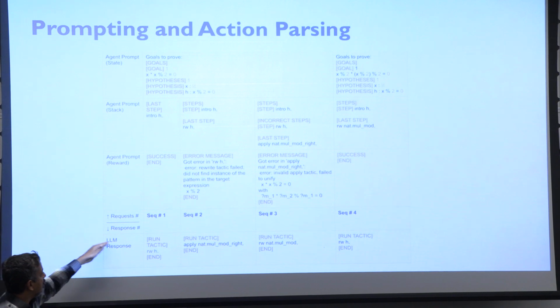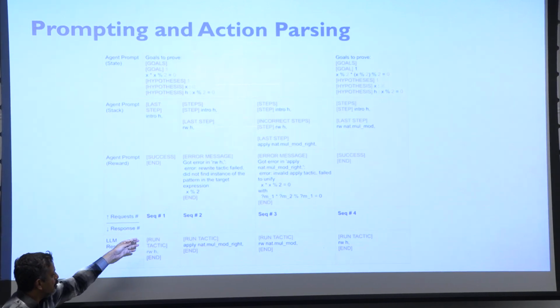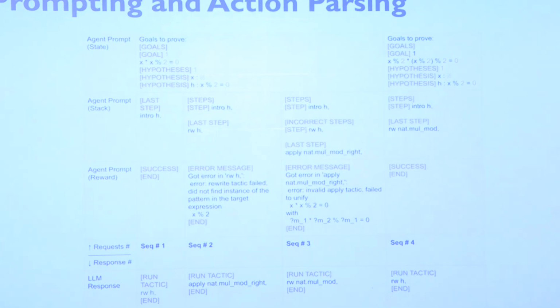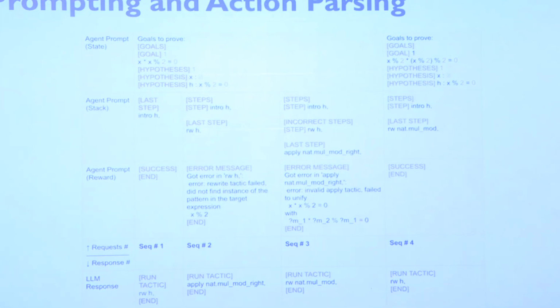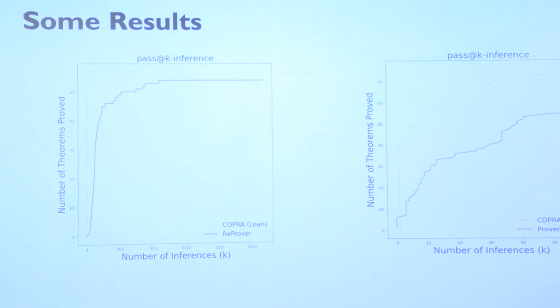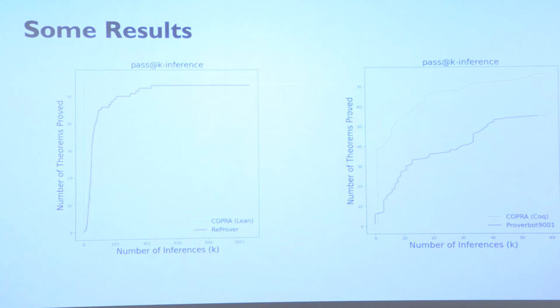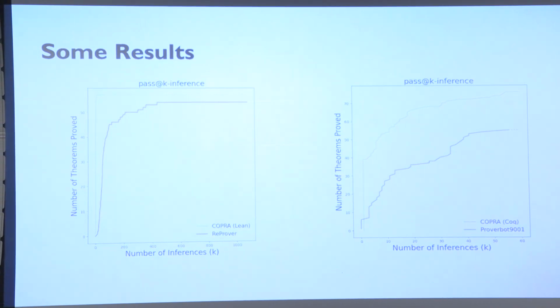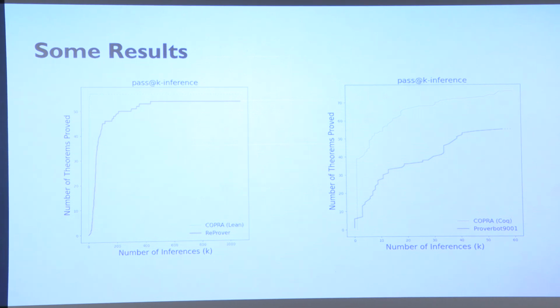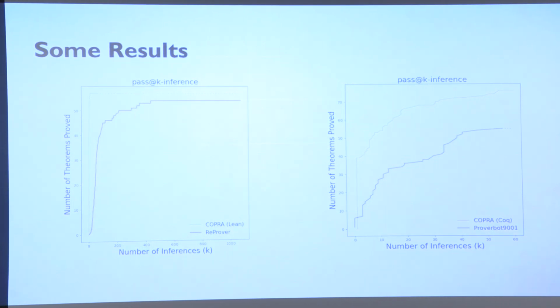And then the LLM responds with some information about what tactic to generate, and then you parse it, and then you execute that. So what we found is that this overall strategy works quite well. We are using GPT-4 just zero shot, but it seems to beat state-of-the-art fine-tuned models. And as the underlying LLMs get better and better, this is just going to get better.